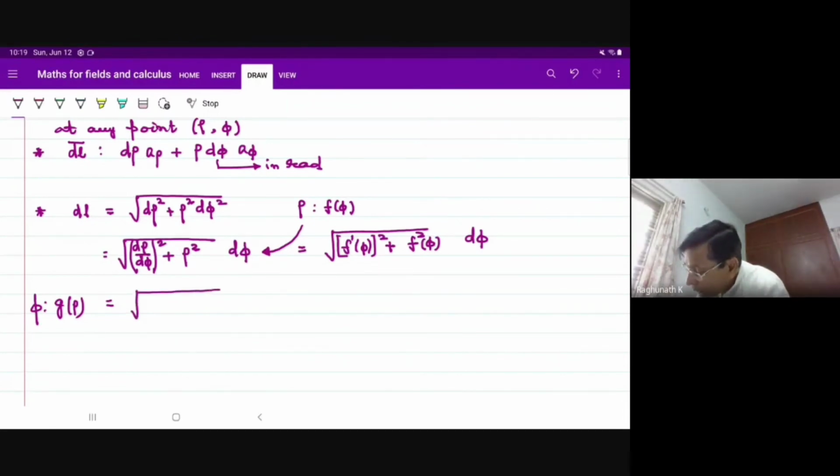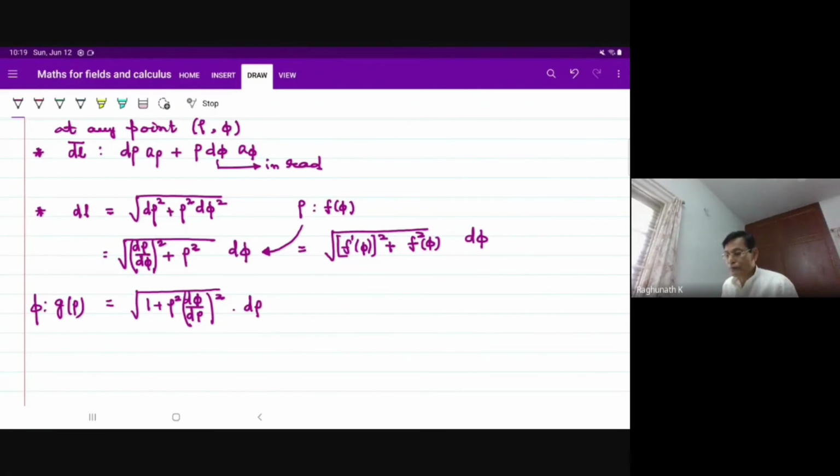Root of 1 plus rho square, d phi by d rho whole square, into d rho.